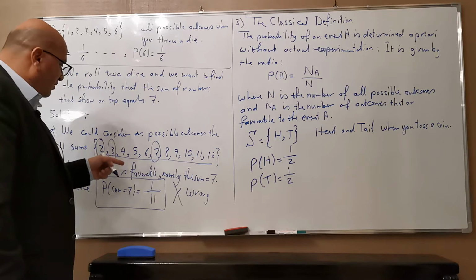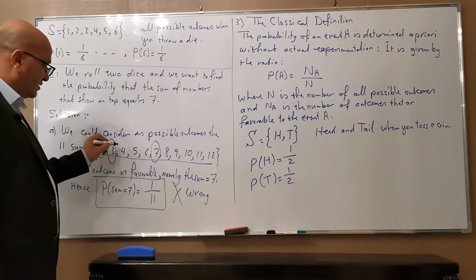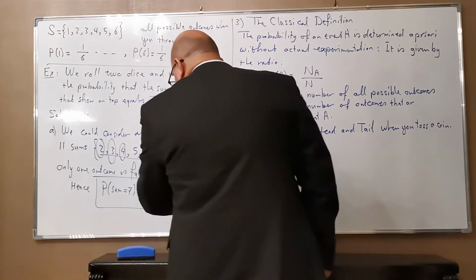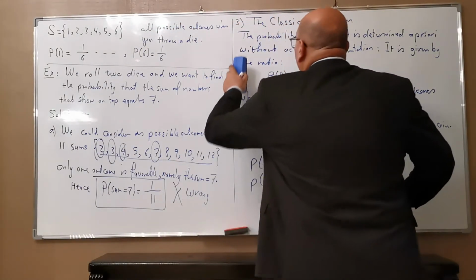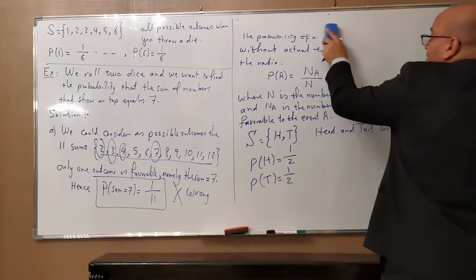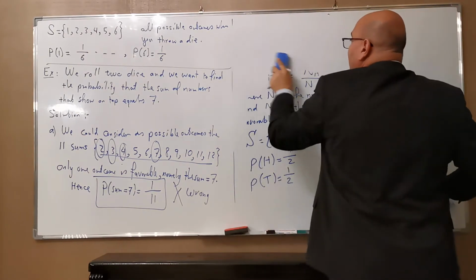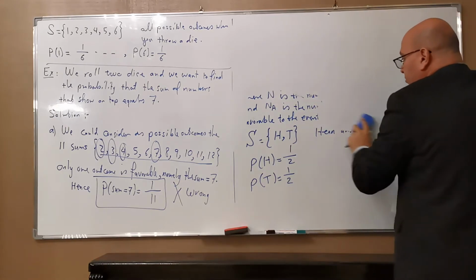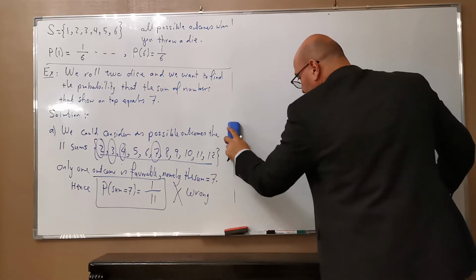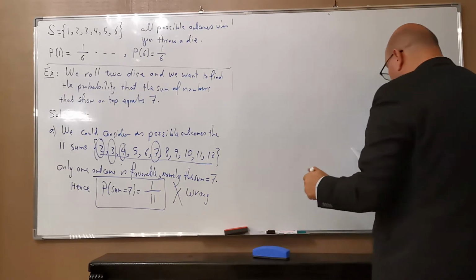So you have more than one outcome that gives us the sum of 4, and so on. So there is some misleading idea here. And to see the correct answer, we have to see all the possible outcomes that have exactly the same probability, with equal probability.